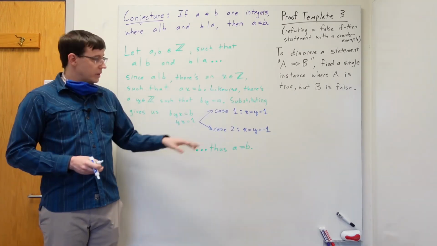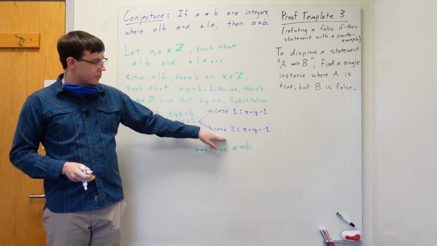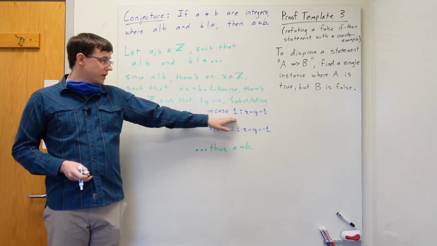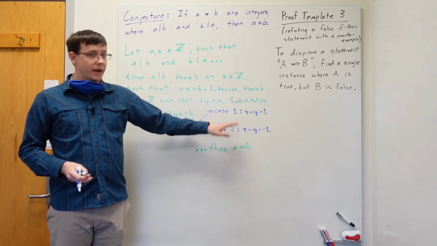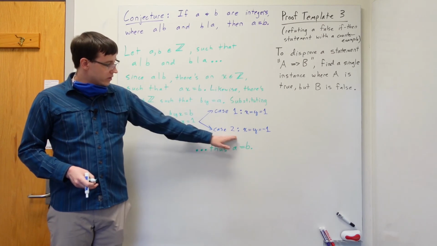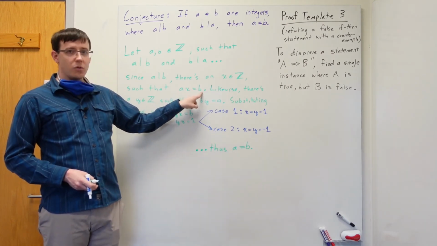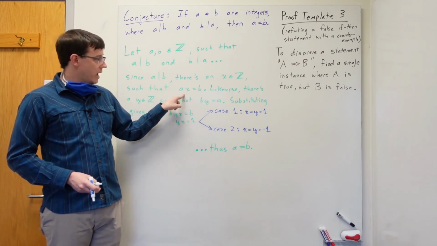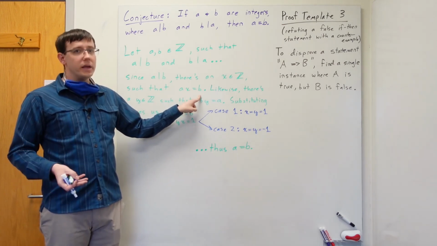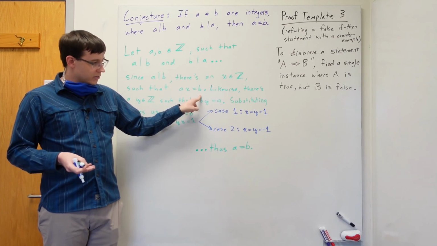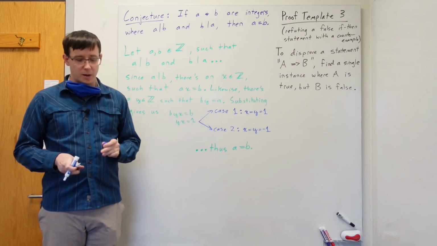So now to complete our proof, we would need to consider both of these cases. In the first case, it does work out that A equals B, but in the second case, if A times minus 1 equals B, then that means that A equals minus B. And so this gives us an idea for a counterexample.